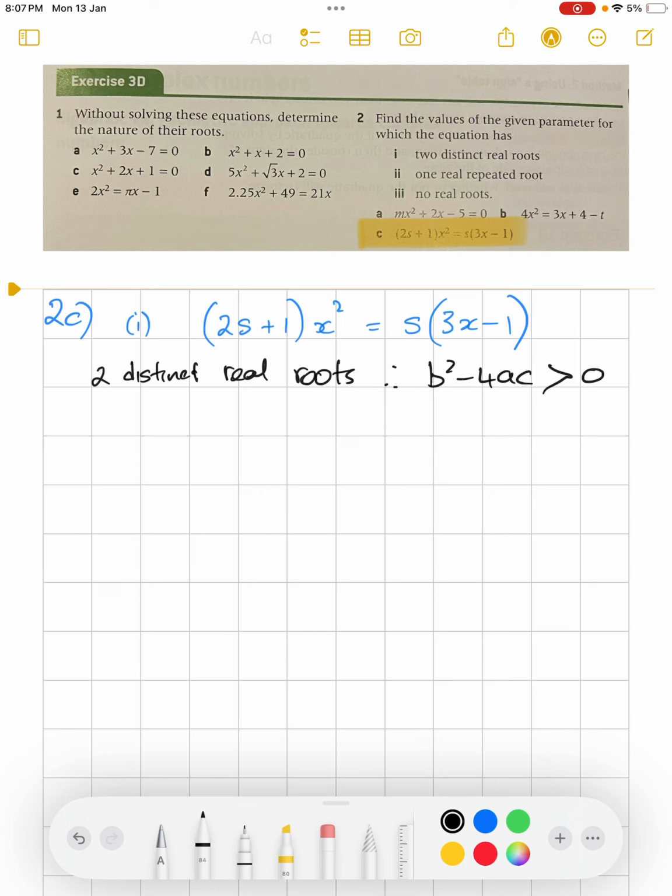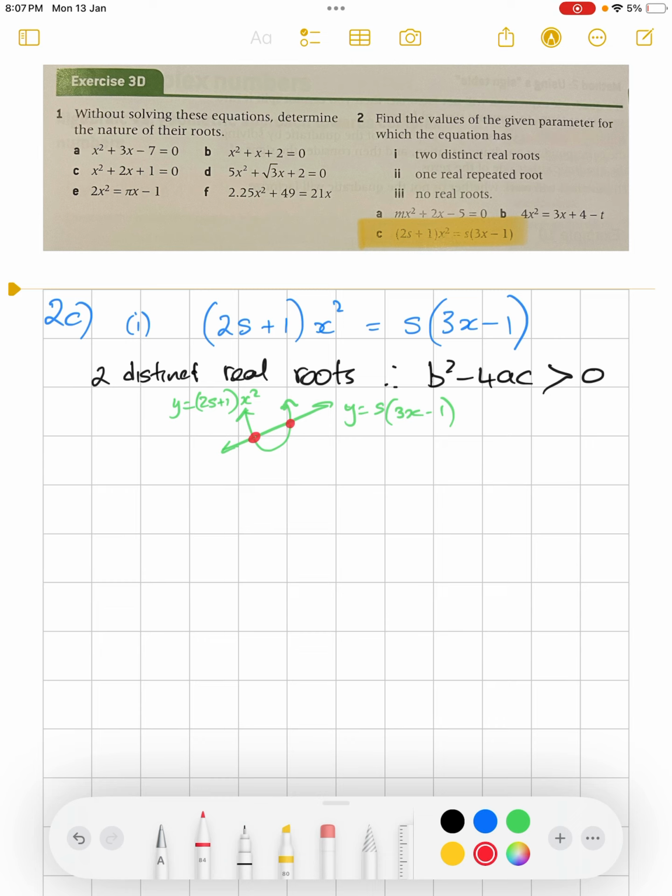So that's really where we're not asked to solve it, we just want to know what is s so that we get b squared minus 4ac greater than 0. They could be asking this as being a quadratic equation and a straight line, where the straight line is s3x minus 1, the parabola is (2s + 1)x squared, and where they cross twice.